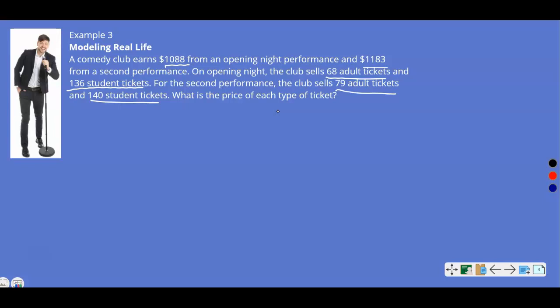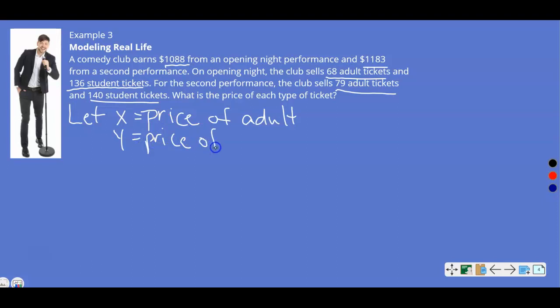So what we need to do is find the price of an adult ticket and the price of a student ticket. So the first thing we're going to do is define two variables. Let x equal the price of an adult ticket, and let y be the price of a student ticket.